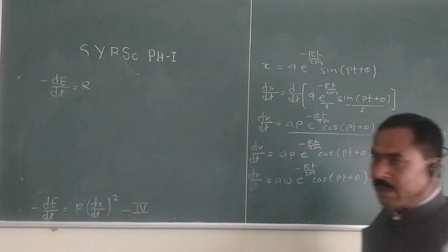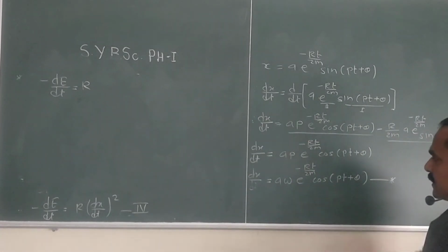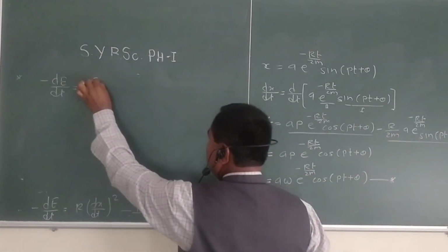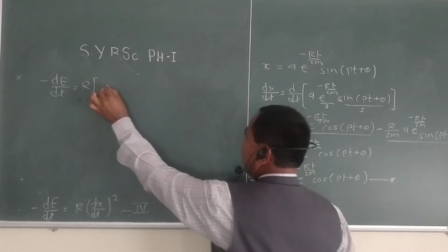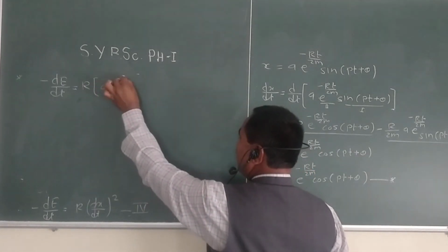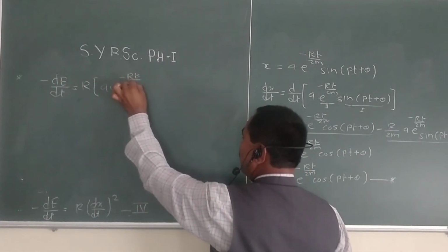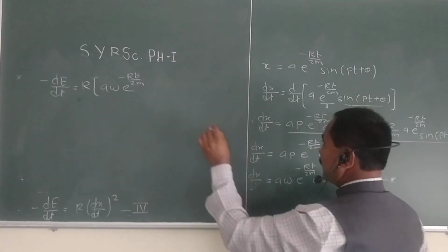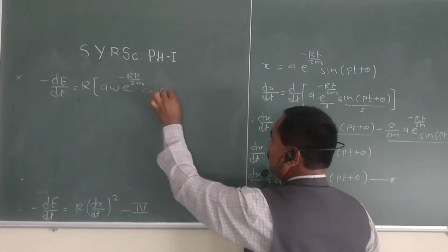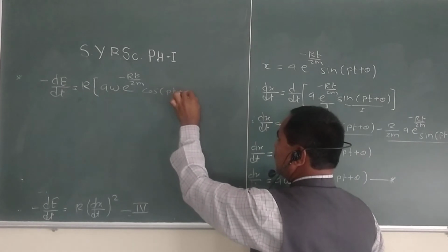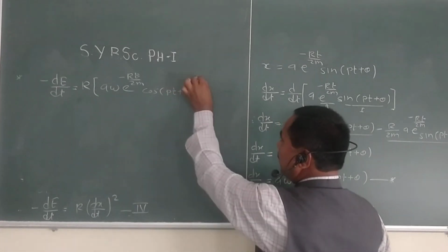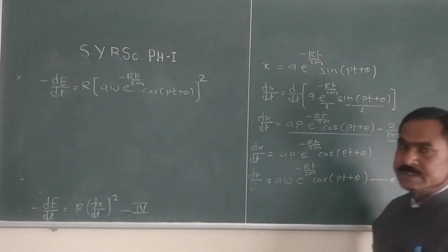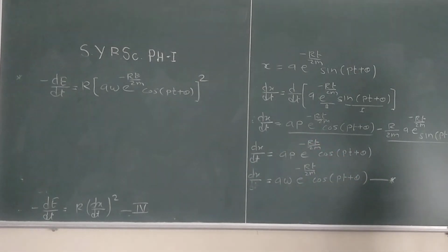I will write equation 4 as minus dE by dt equal to r times dx by dt, where the value of dx by dt in brackets is a omega e raised to minus rt upon twice m cos of pt plus theta, and here is the square, that means dx by dt bracket square.